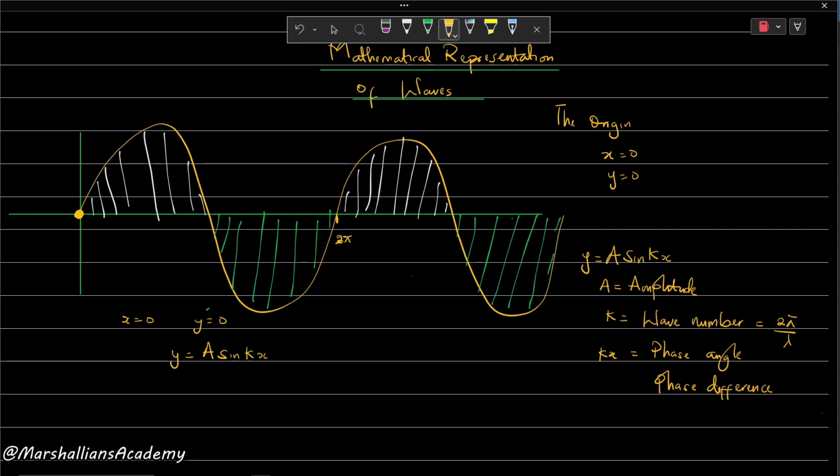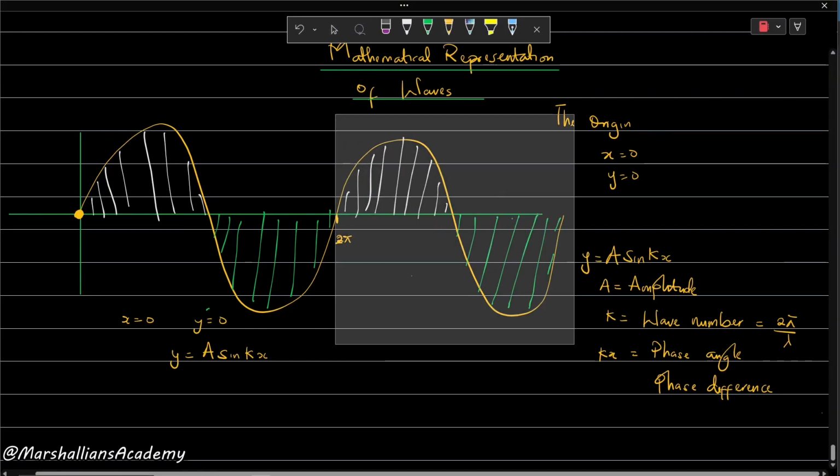But now, what if this wave is progressive? Progressive meaning the wave is moving either to the left or to the right. How do we mathematically account for this progressive wave? Now, for the wave to move, it means it has been shifted either to the left or to the right. Let me see if I could try and move this wave.